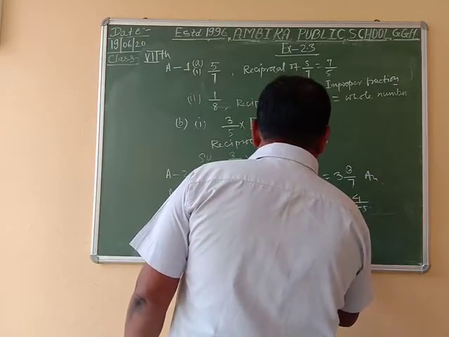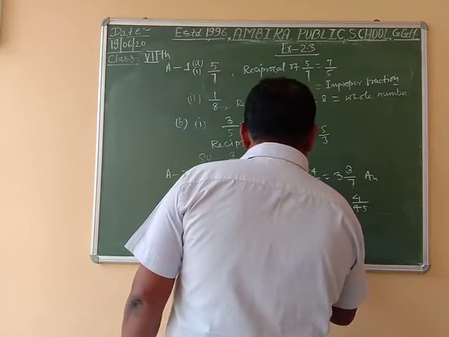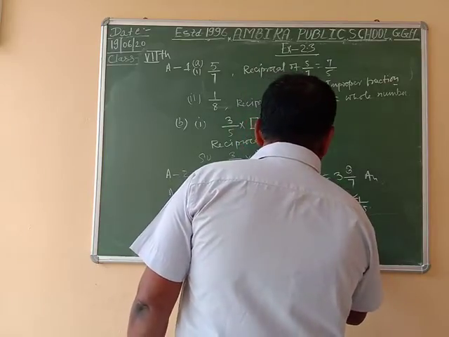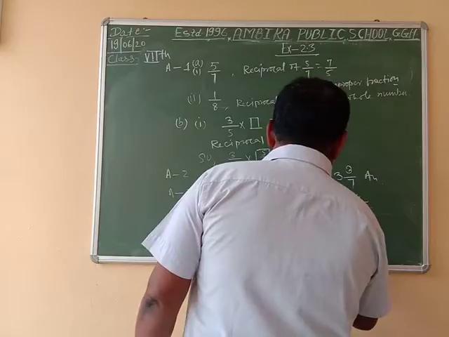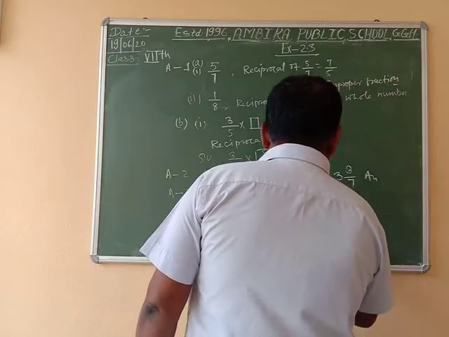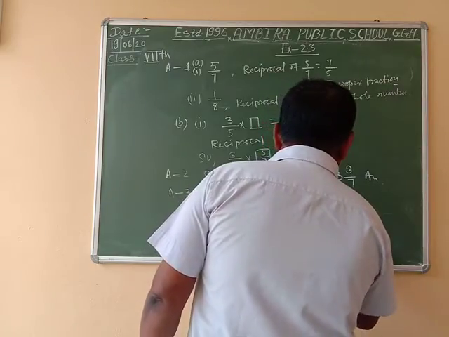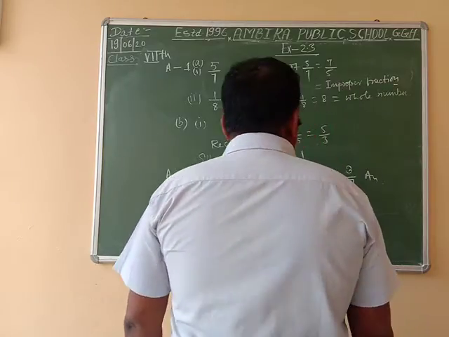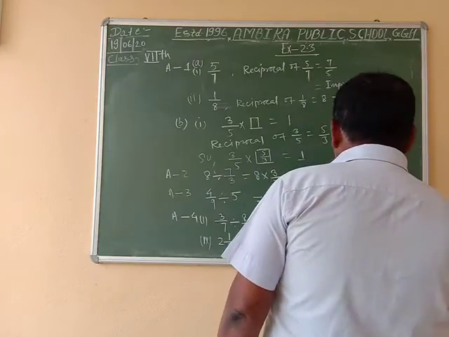5 whole 1 by 3 is equal to 16 by 3. Now, the inverse of 16 by 3 is equal to 3 by 16.